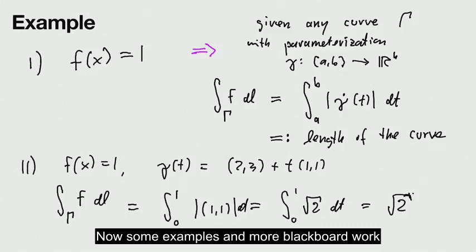Now, what is the role of the parameterization? Here I've assumed we move at constant speed 1. If we change the parameterization of the curve, then we also need to take care of the speed.